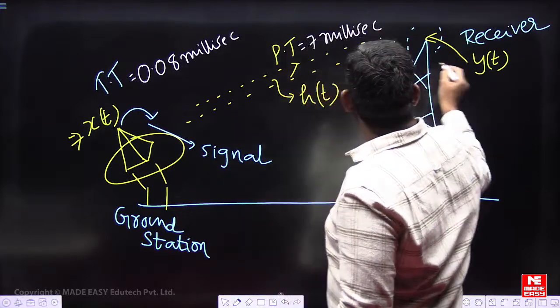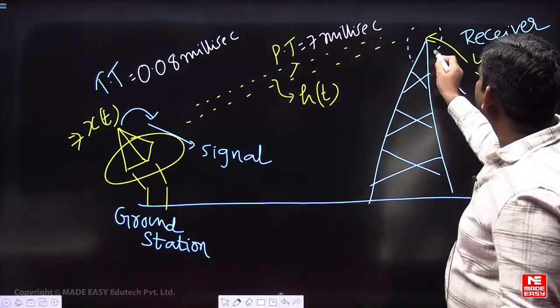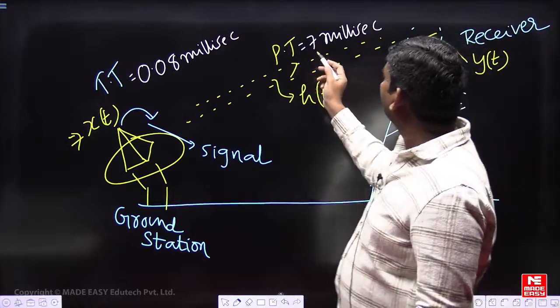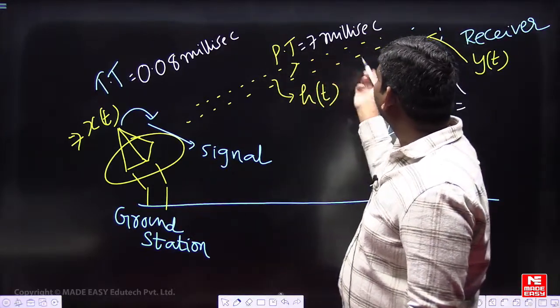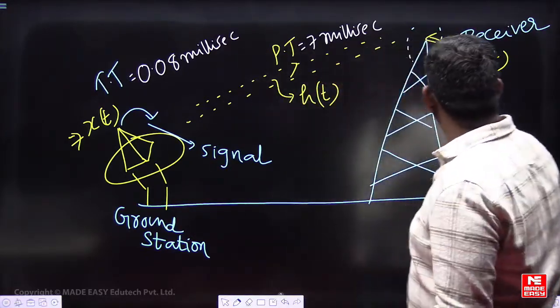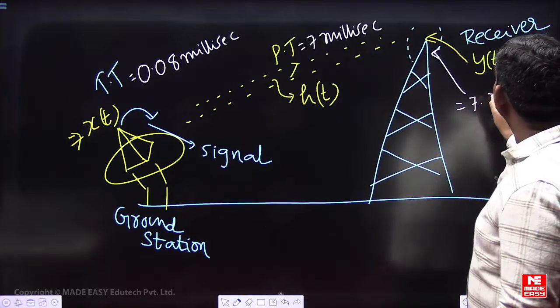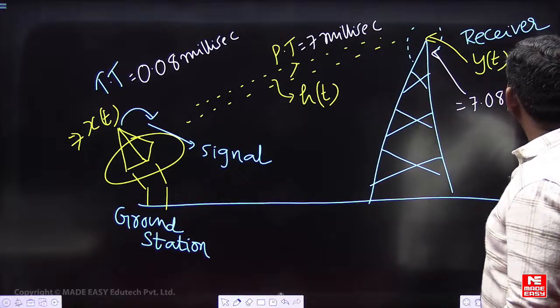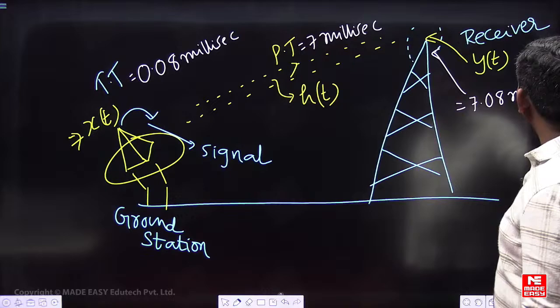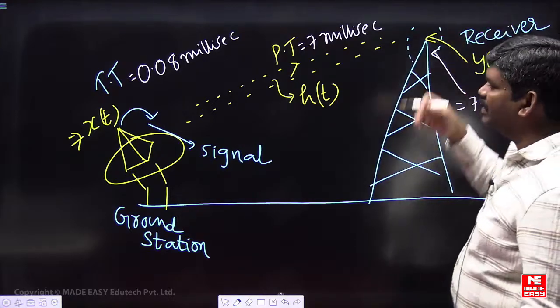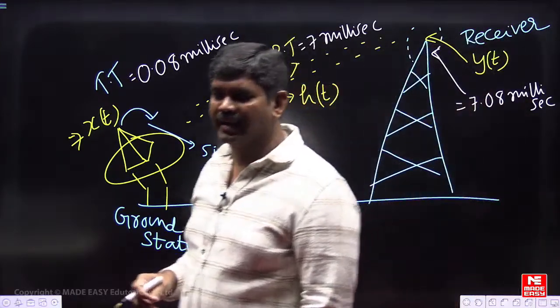So the receiver receives this signal y of t with a delay of t minus t naught, which is around 7.08 milliseconds. The signal is received by the satellite, which is at a height of 2100 kilometers.